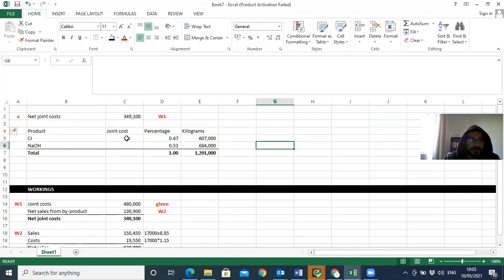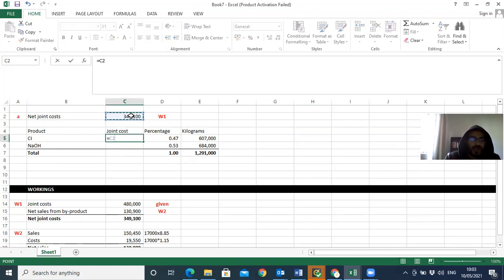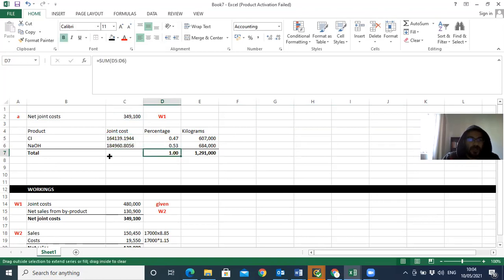So we're just going to say net joint costs multiplied by the percentage. We can just drag this down, and that's obviously equal to our net joint costs. So there, that is the allocation.